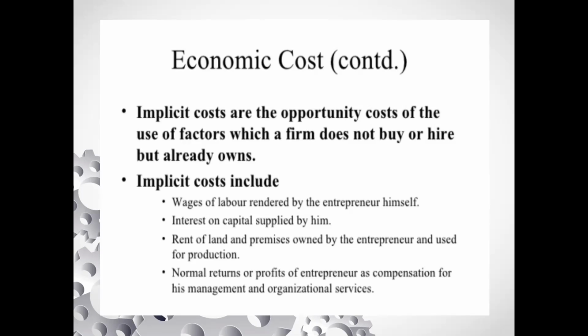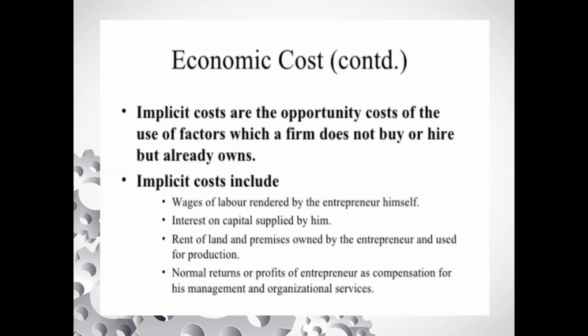That is, maintaining land and other resources, paying interest on capital and rent for his own land, all of this goes unnoticed. These costs, which are not included in the manufacturing of goods and services, are considered implicit cost.